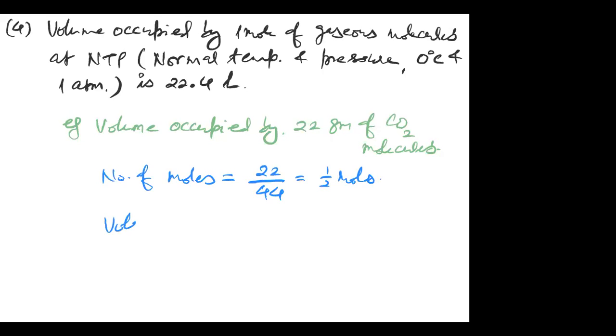Then volume occupied at NTP is half times 22.4 liter per mole, so it comes out to be 11.2 liter at NTP. So the point is, if mass is given, you have to convert the mass into moles first, and then moles has to be multiplied by 22.4 liter, the volume occupied by 1 mole, which comes out to be 11.2 liter.